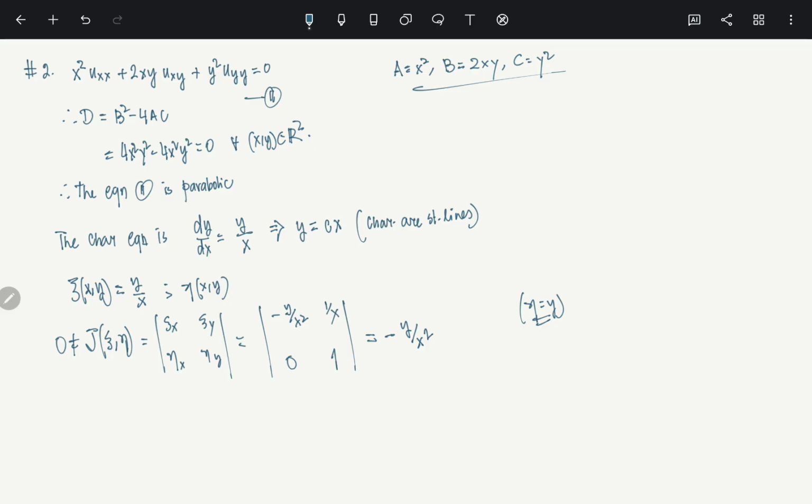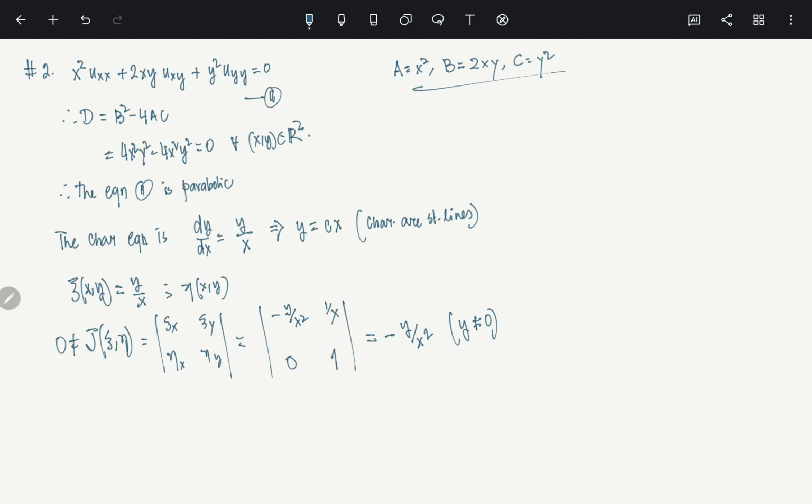Okay, fine. Now this is 0 only when y equals 0, right? So if y is not 0, this particular Jacobian is not 0. So we are going to use this form for y not equal to 0. That is where we are going to transform the whole equation.